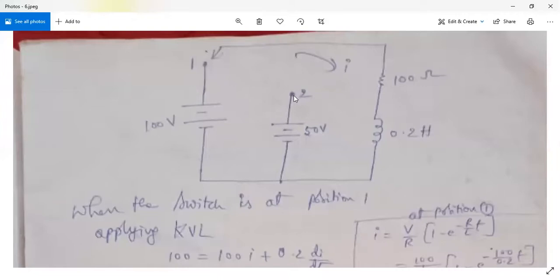Again, when the switch is in position 2 also, he is asking the current. So now I will draw the diagram on the board and I will explain.